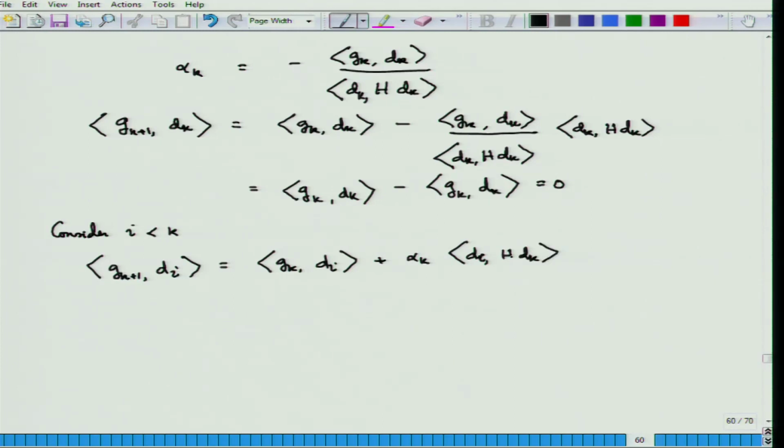Since i is strictly less than k, i is not equal to k. So, by the fact that these are conjugate directions, this would become 0, and by the fact that we have already assumed when we started the proof, the other term would also become 0. So, ultimately this proves the fact.